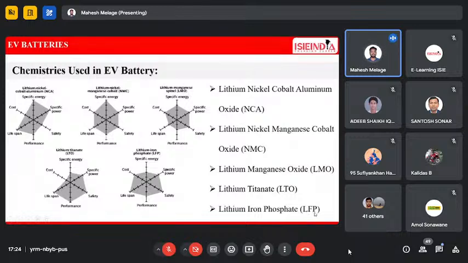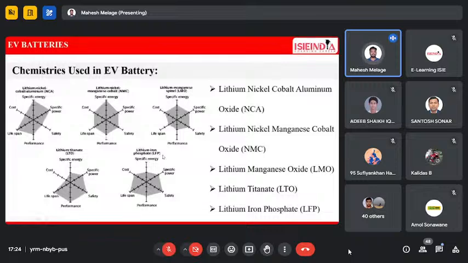Each company decides its own specification. Some companies want very high specific energy, so they choose the NCA battery, lithium nickel cobalt aluminum oxide. Some companies make the highest-safety battery, so they go to the LFP battery.